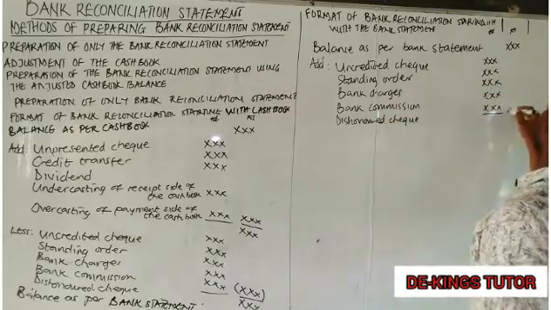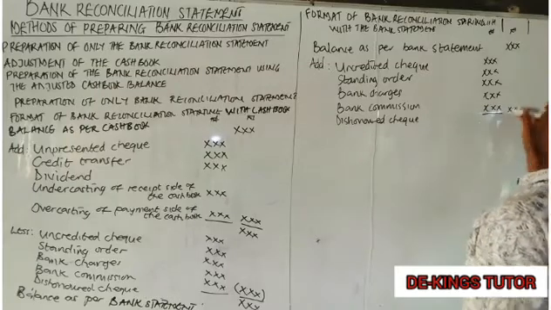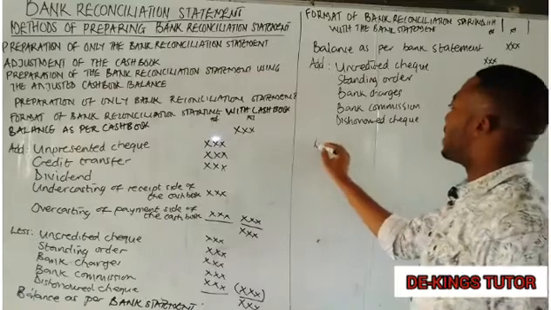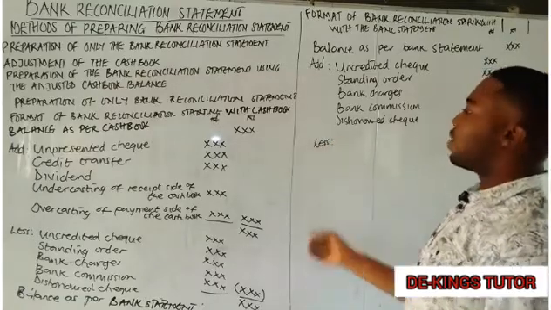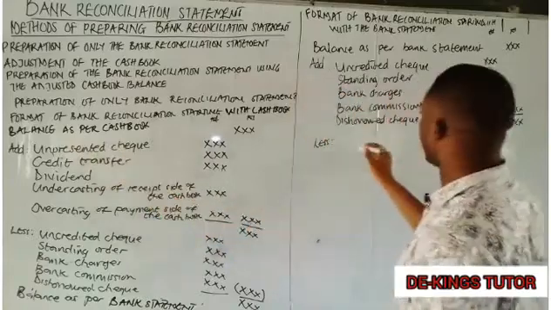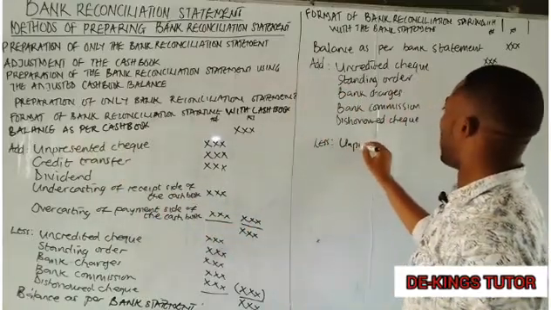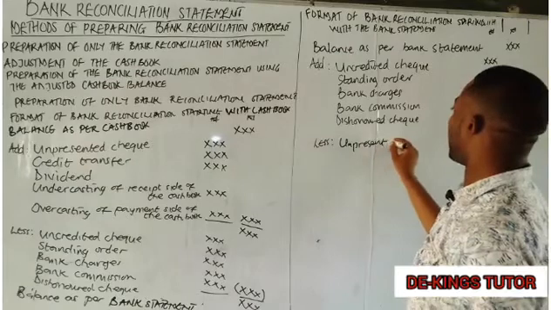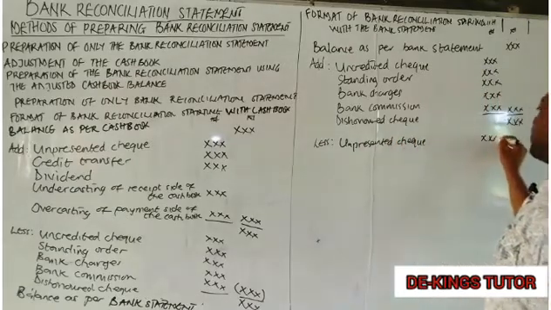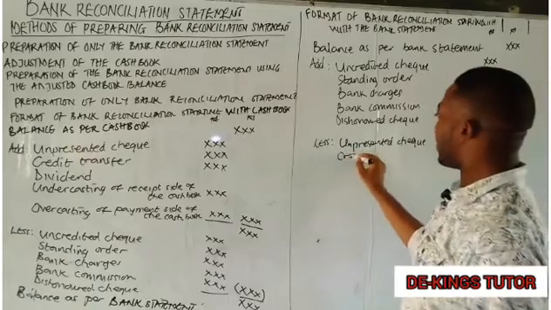When we add them, we have a value here, which we add to the balance as per bank statement, so we'll have another value. Now, what are we lessing? We less all these other ones that were previously added. So we'll have less unpresented check, we'll have a value here, and credit transfer.